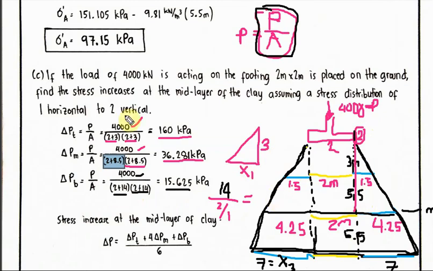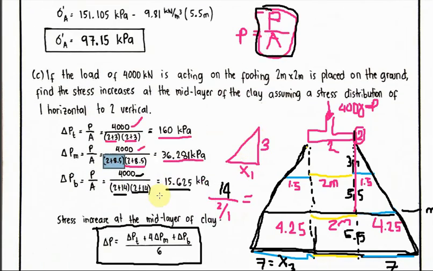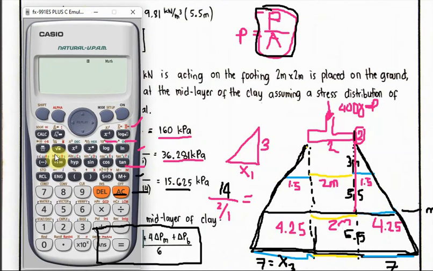Now, what was asked for is the stress increase. So we use this formula. We solve it with the calculator: 160 plus 4 times 36.281 plus 15.625, divided by 6.